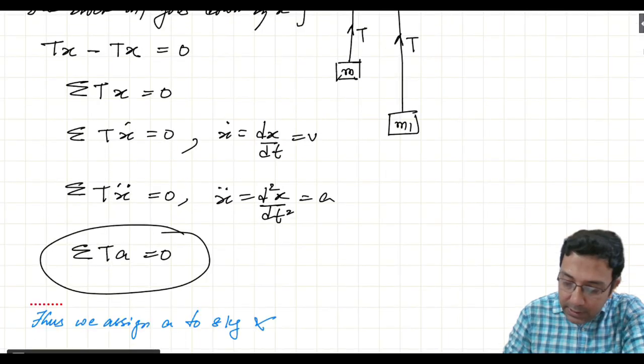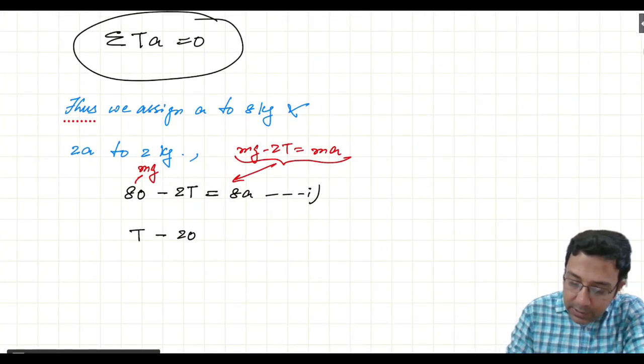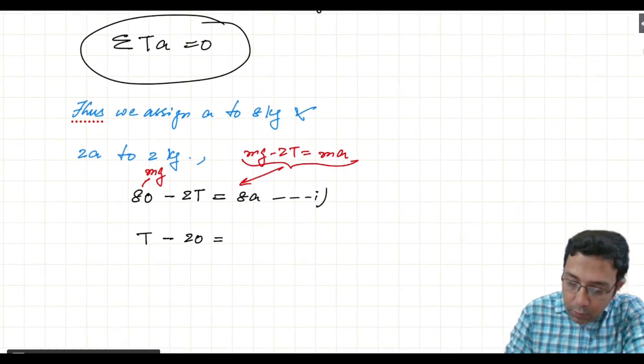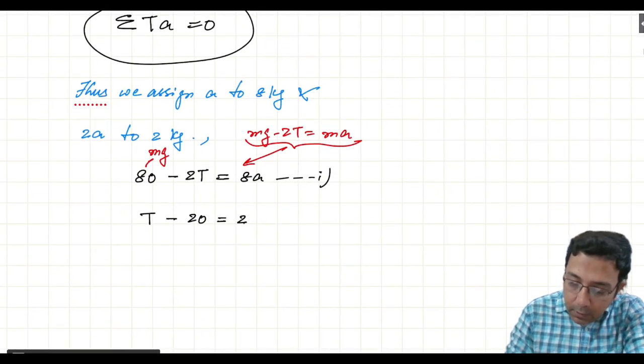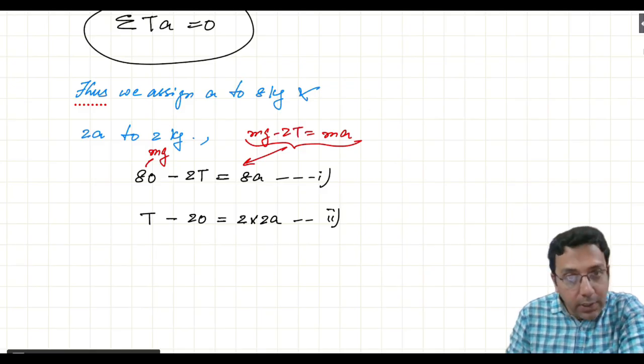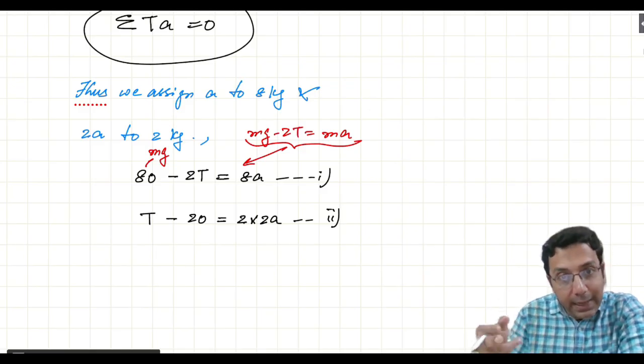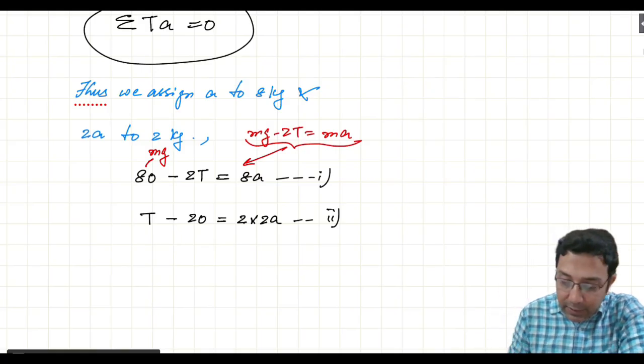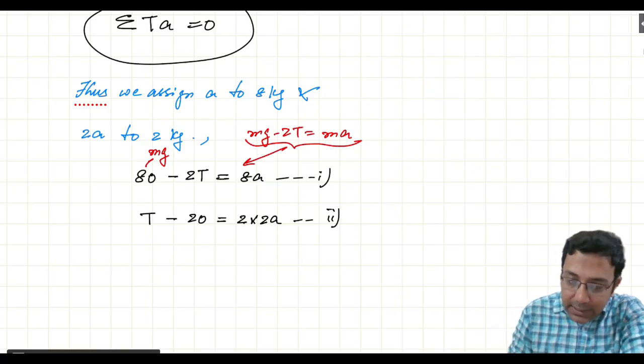So t minus 20 is equal to your 2 kg into 2a, because that is going up by 2a. So this also you understood, no? This was going down by a, that was going up by 2a. That is why I have written down. So this equation now stands out.